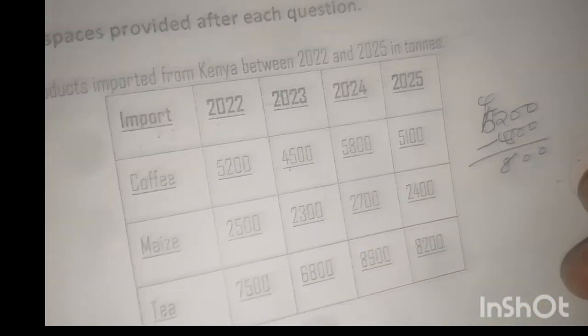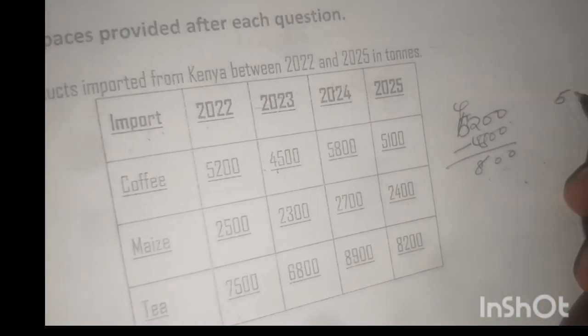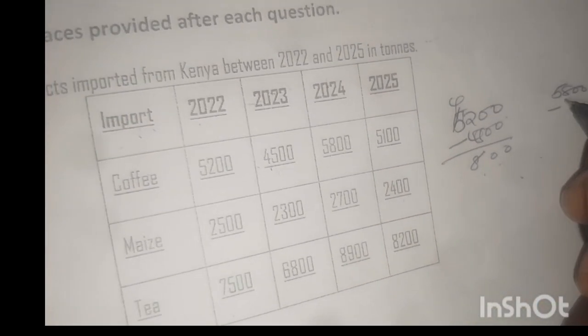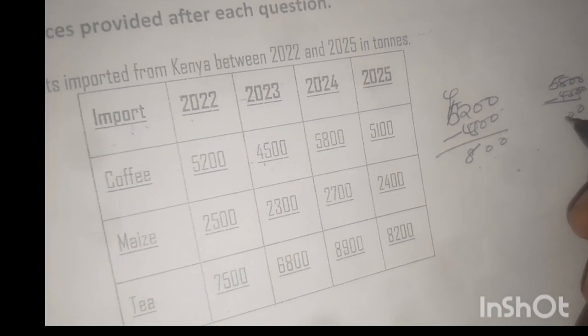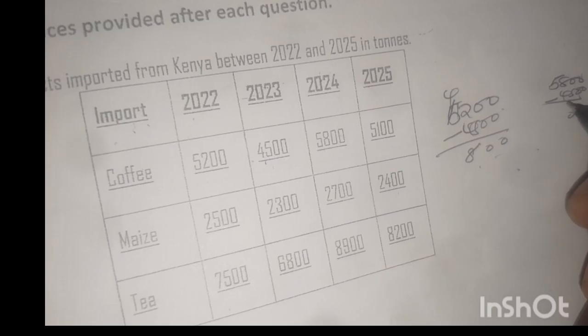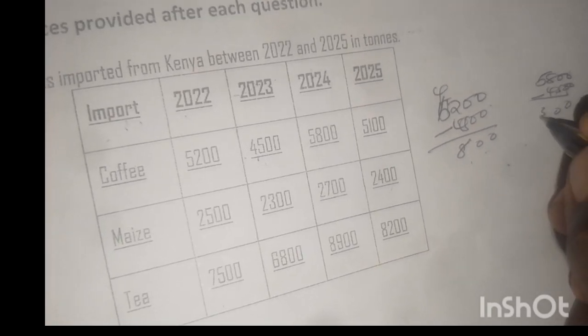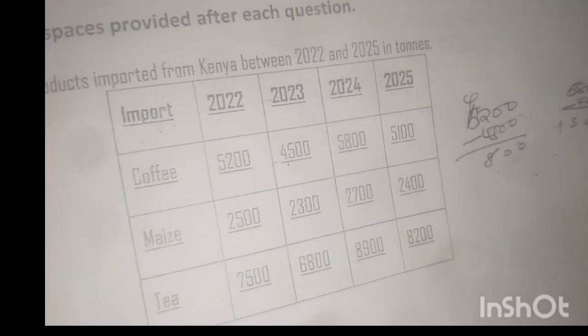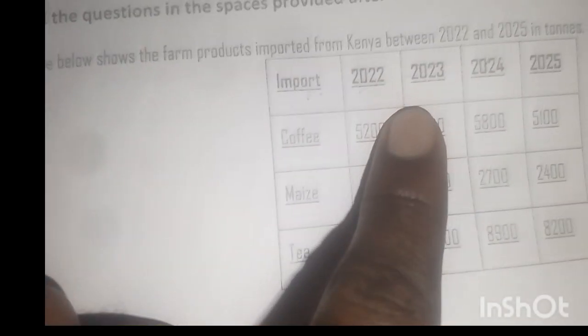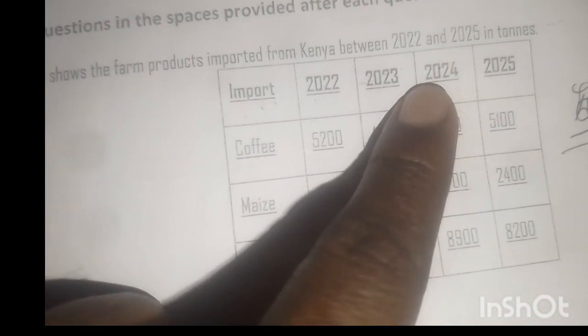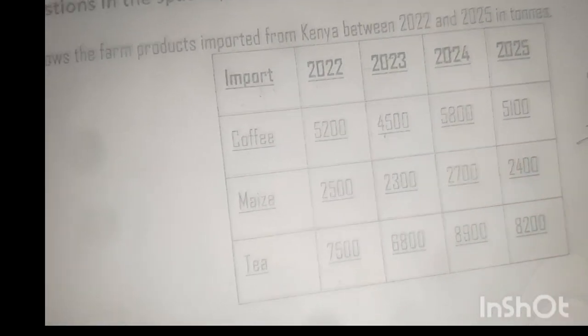Then we have 5,800 minus 4,500, 1,300 ton increase. So we are saying in 2022 towards 2023 there was a drop, in 2024 there was an increase, and 2025 there was a drop.